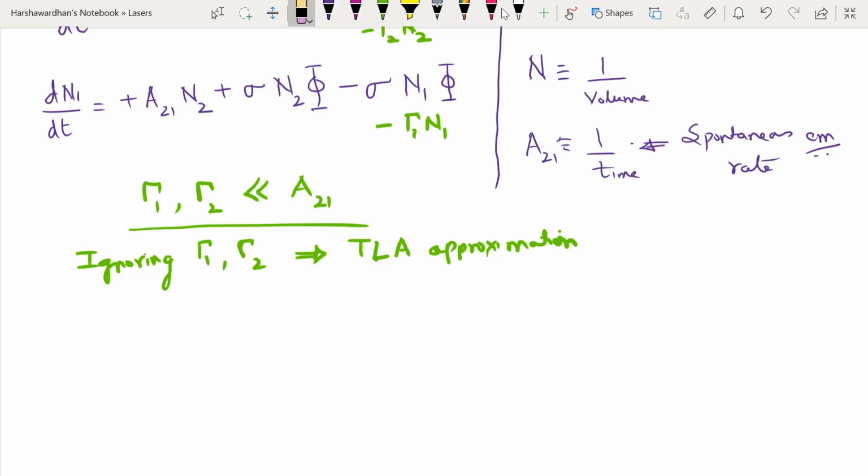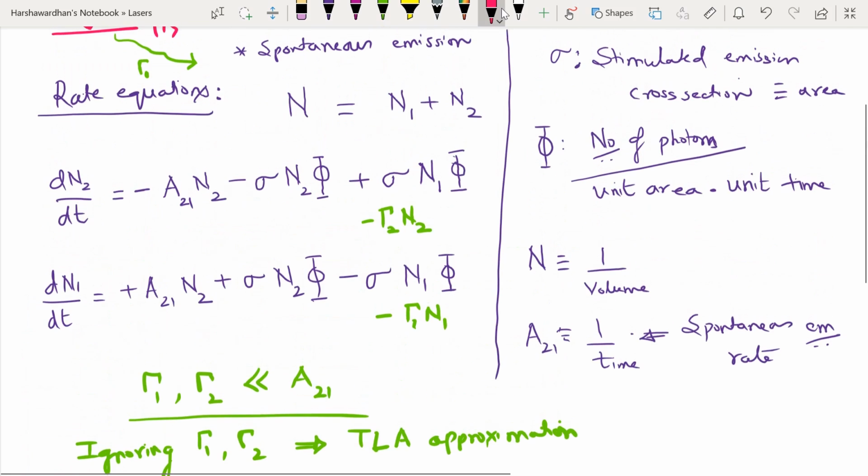Before I do that, I want to actually talk about this cross section. So sigma, in one situation I have used it as the stimulated emission cross section, and in the same equation I use the same term as absorption cross section, and the same thing in the second equation.